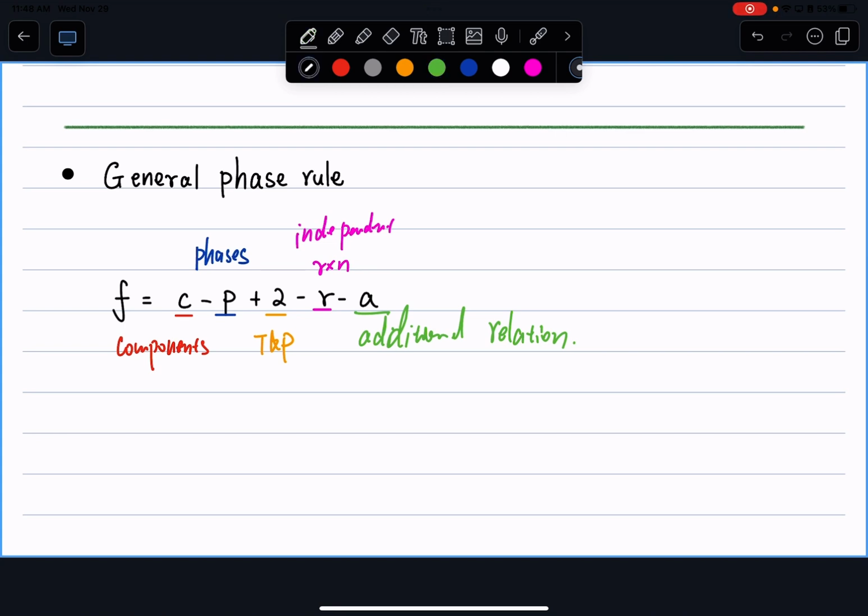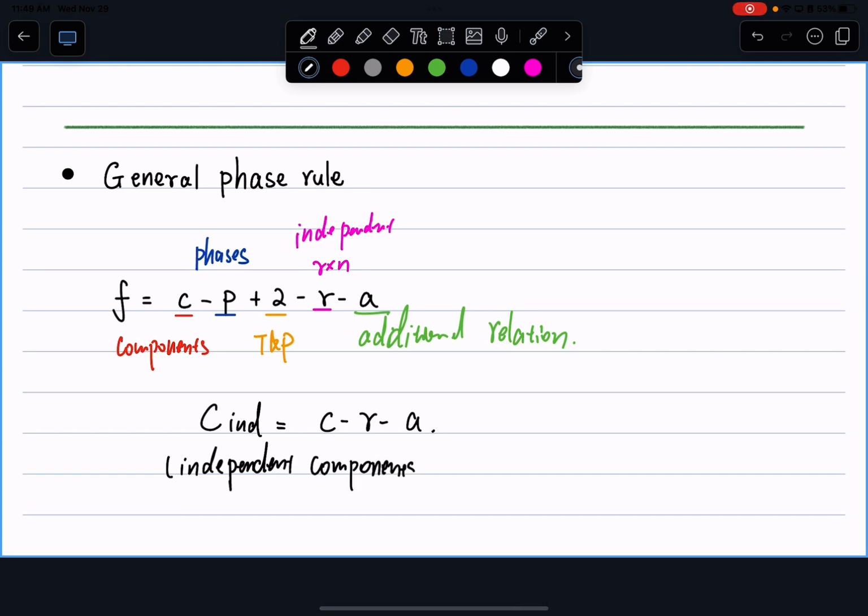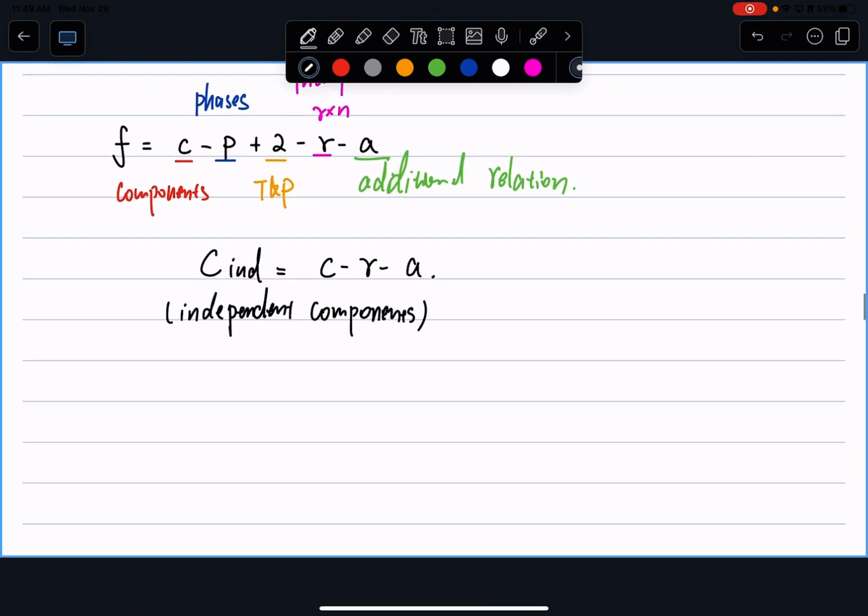And in some other textbooks, people also define the C independent as C minus R minus A. So this means independent components. And in this case, we have F equals C independent minus P plus 2.